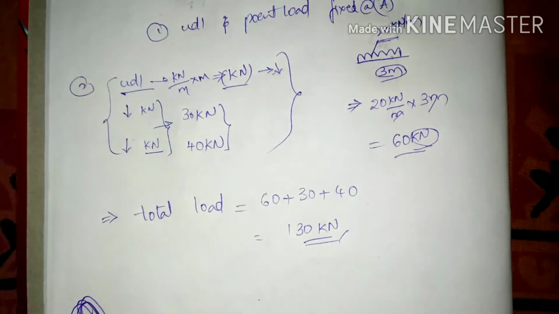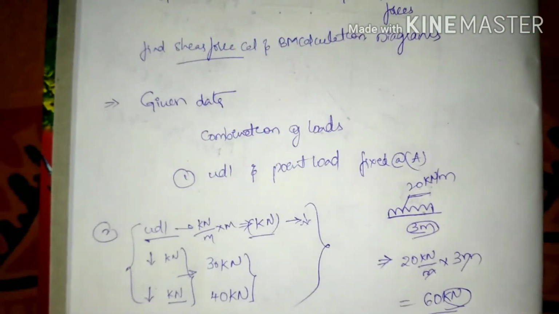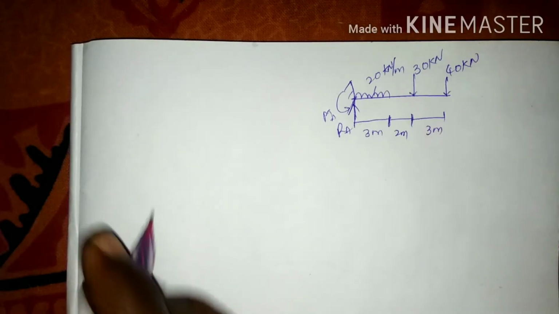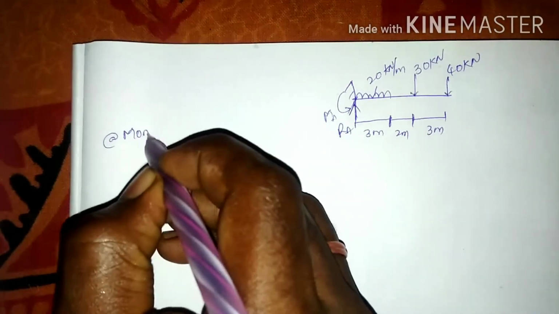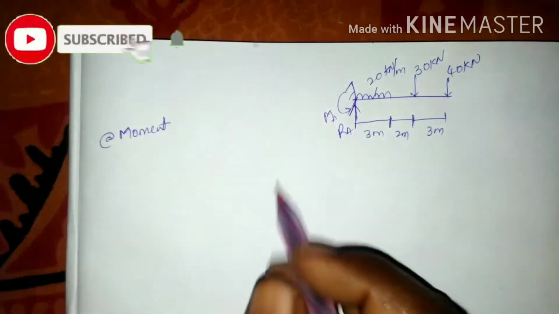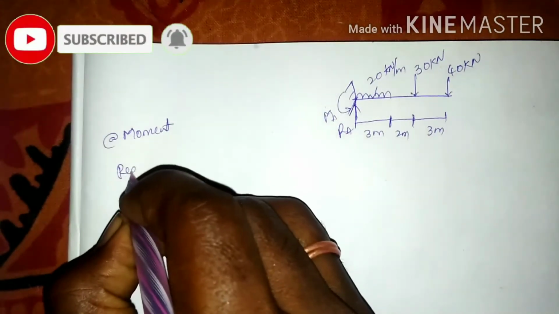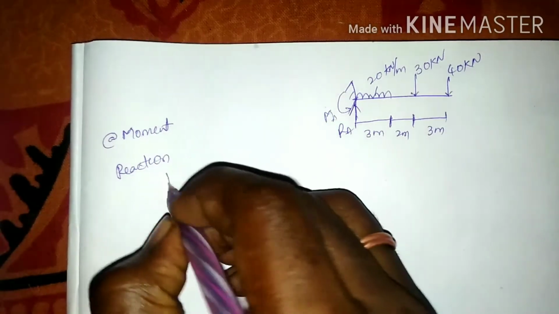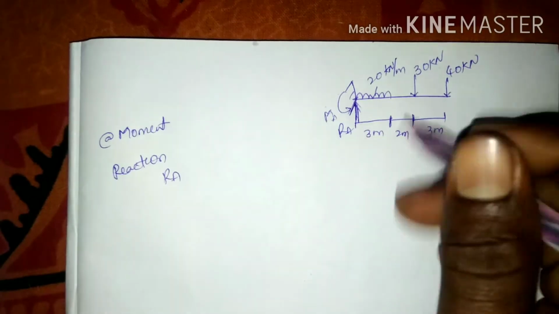Here next we are going to find that equating upwards is equal to downward reactions. For the fixed support, we are going to have a moment and only one reaction, that is RA, in the upward direction.